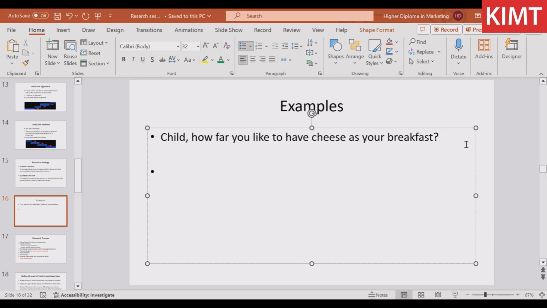So what sort of answers would a child give you? Children like to eat cheese every day, so they would say, every day.